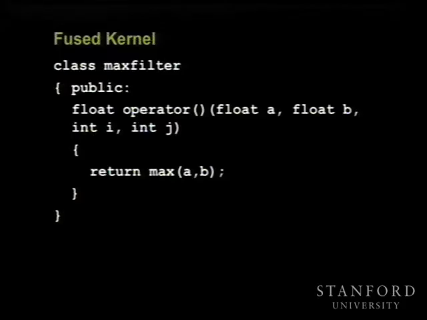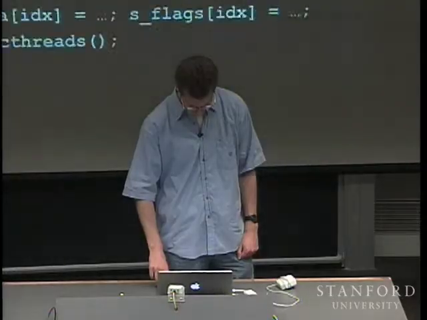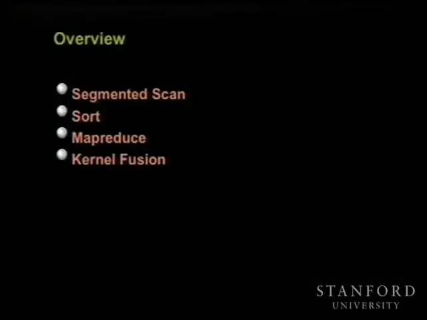So overall, actually I didn't have a wrap-up slide, so let me go back to the beginning. I talked about segmented scan, which is a fancier scan built on top of scan, which lets you operate on lots of regions of variable size all at the same time. This is very useful in lots of different ways, which I hopefully have convinced you of.